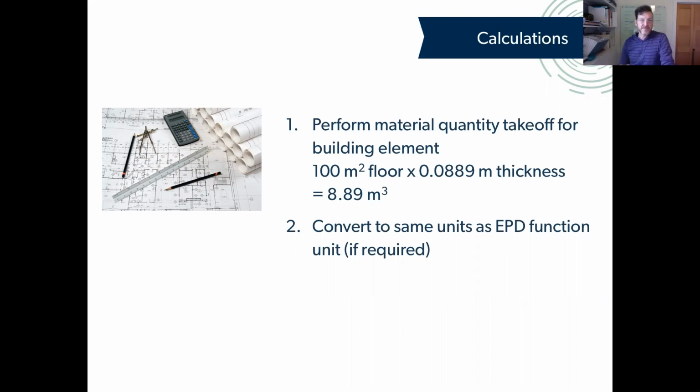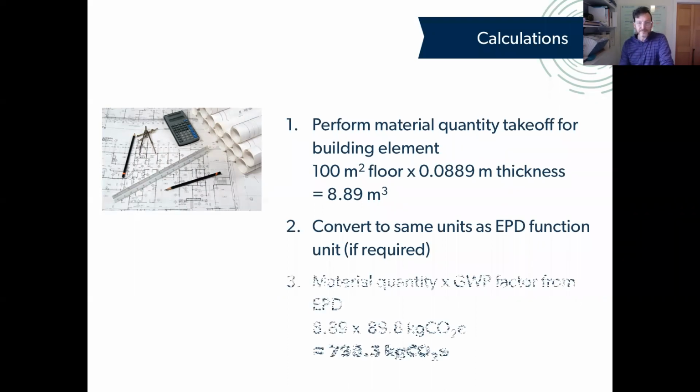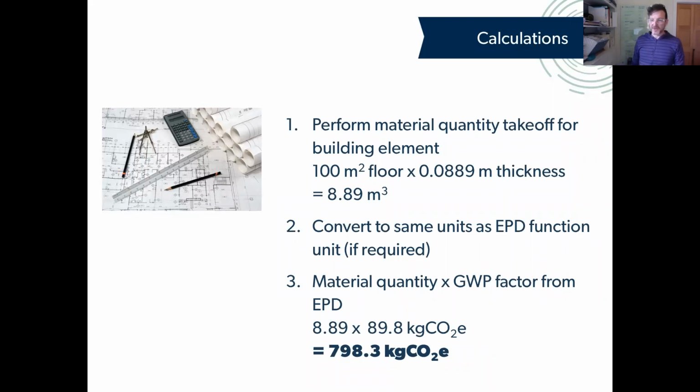EPDs can be expressed in a bunch of different ways, so sometimes there are several conversion steps to get to the same unit as the EPD's functional unit. And then I'm going to take that material quantity and multiply it by that GWP factor that I found in the EPD. So I've got my 8.89 cubic meters of material, and it was 89.8 kilograms of CO2e emissions per cubic meter.